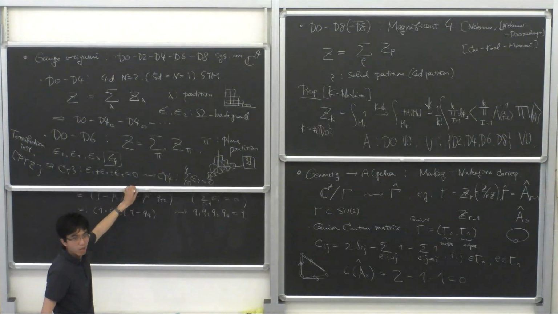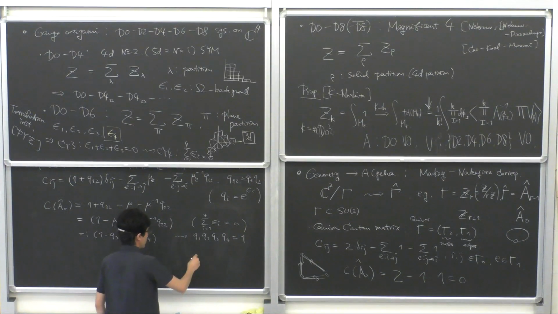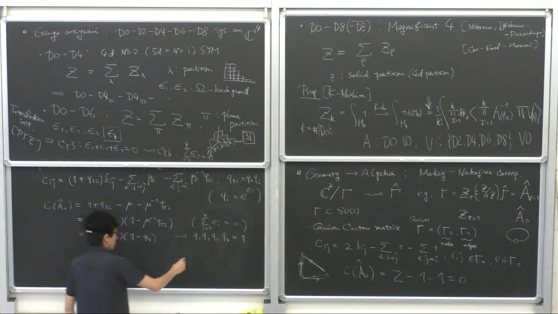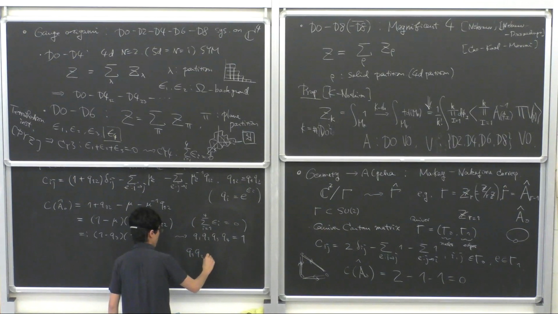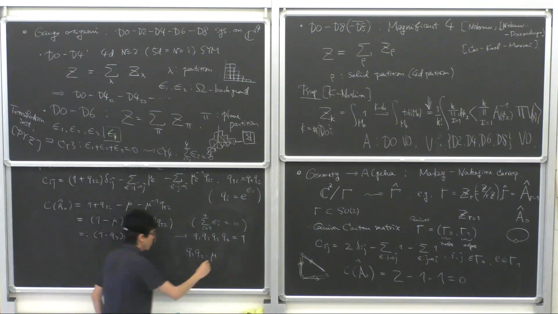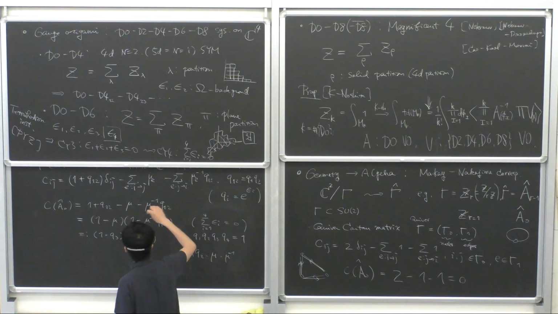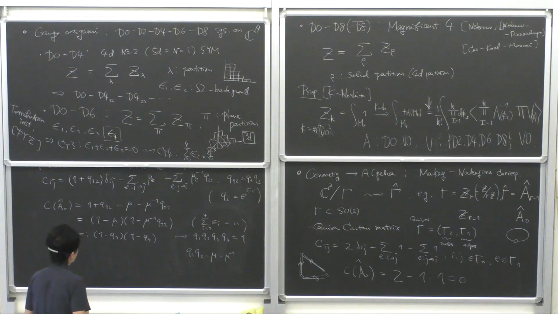Sorry? This one? Okay. Q1, Q2, Q3 is now mu. This is a definition. Mu inverse. Sorry, maybe something is wrong.